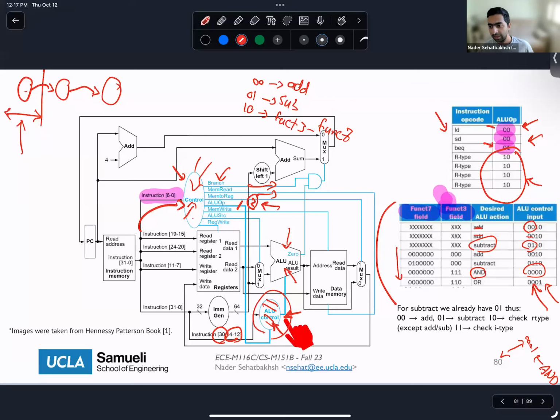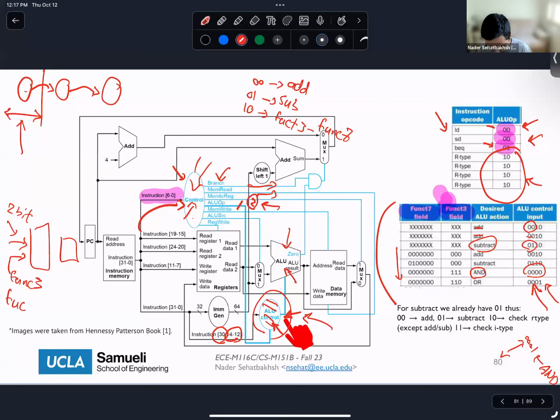Somebody asked, how does the ALU control generate the 4-bit output? This is the way that we design our FSMs. Think about this as some form of an FSM that takes a 2-bit input and generates a 4-bit output. Again, it's not just the 2 bits of ALU op, it also gets func3 and func7.